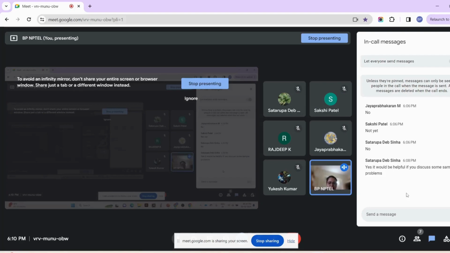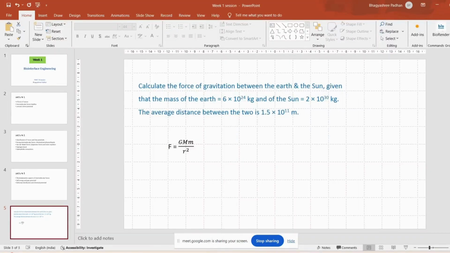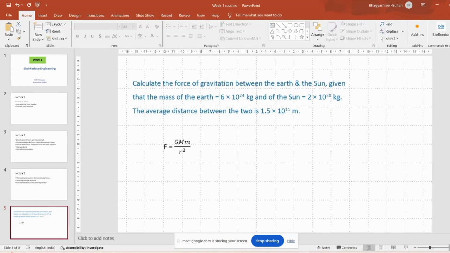For weeks 1 and 2, you would already be done with those tests, so we'll just solve the assignment problems for those two. So anybody could solve this? Or does anyone have any other doubt that we can go through?